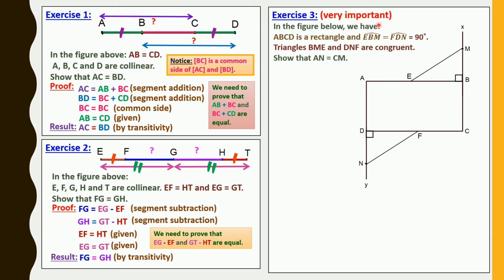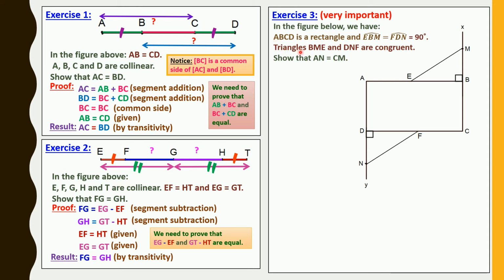Exercise number 3. It's very important, so be careful with all the details that I will mention. In the figure below we have ABCD is a rectangle. This is the first information given. And angle EBM equals angle FDN equals 90 degrees.